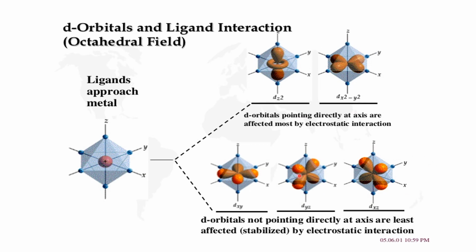While the three others have the electron density between the axes, and they have minimum repulsion and minimum energy. So the 5 d orbitals around the central metal atom remained together. So what happened? Ligands approached along Z, X and Y axis. As a result, the 5 d orbitals removed their degeneracy, or they underwent splitting to have Eg orbitals and T2g orbitals.